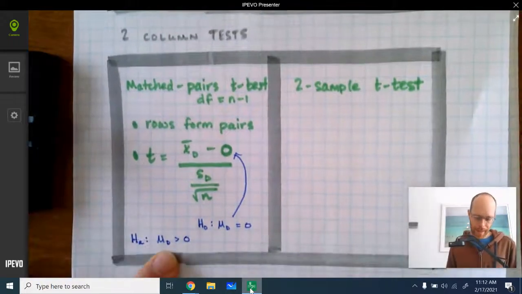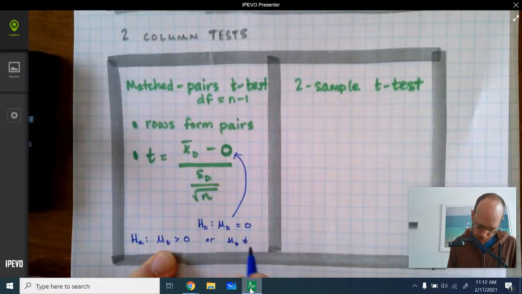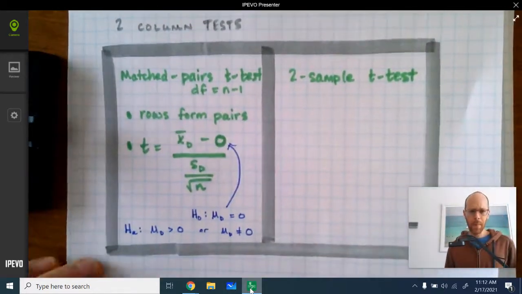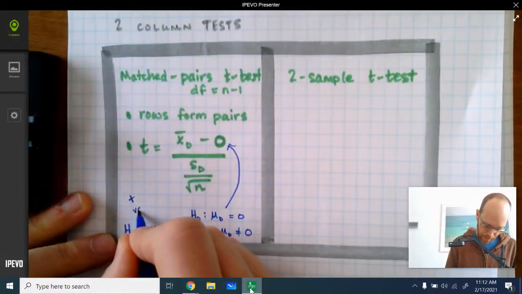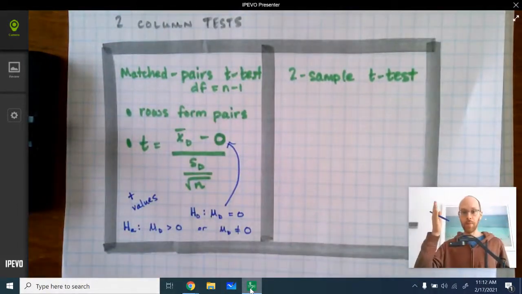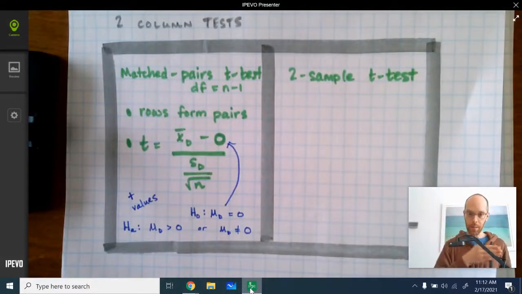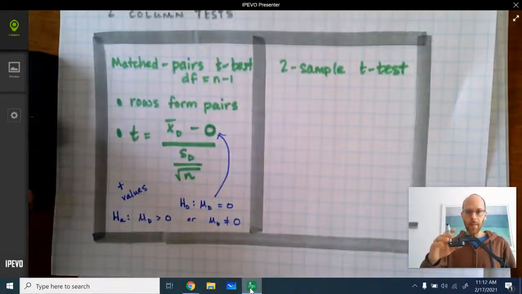So you're always going to be testing this, or if it's two-tailed, you could be testing this, but you're shooting for positive values. And you decide whether you want to do before minus after or after minus before based on that. So there's the matched pairs test.